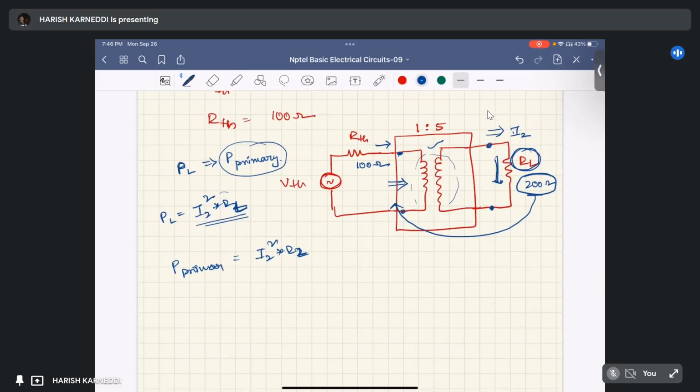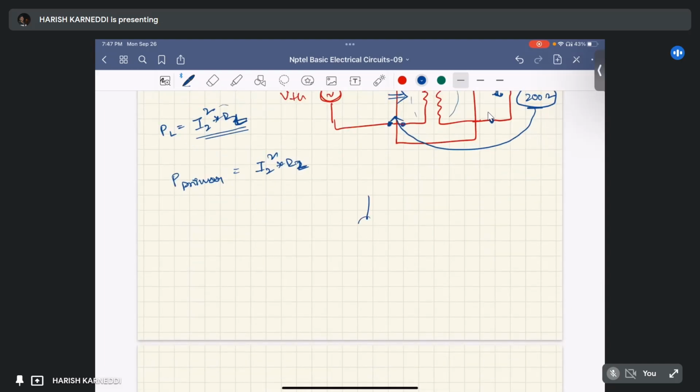Here the current is I1. What is the resistance seen from these primary terminals? We assume some resistance R.